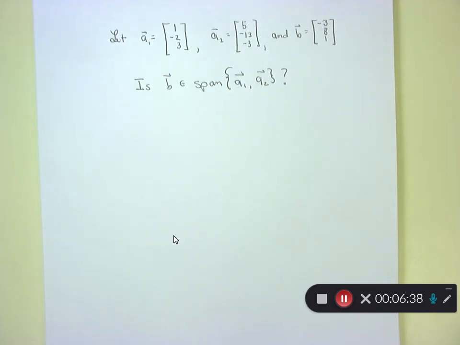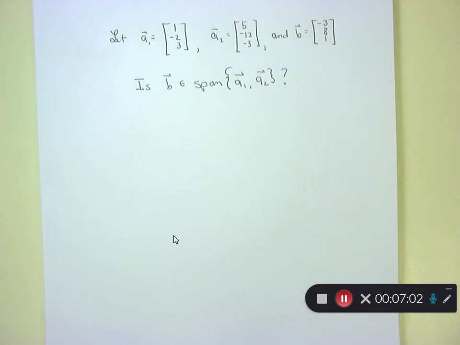Let vector A2 be the 5, -13, -3 vector. And let B vector be the vector -3, 8, 1. The question, which we talked about last time because this is big terminology, is vector B in the span of A1, A2? The answer at the end of the day is yes or no, but you have to show me why.